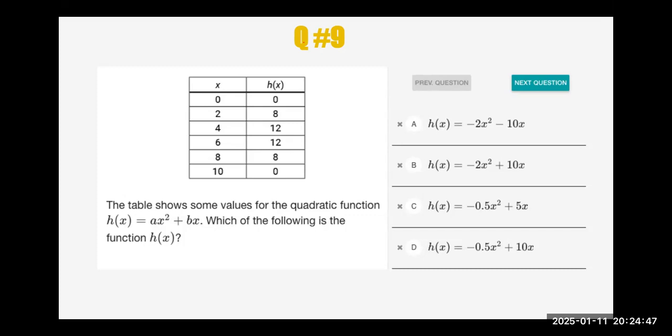A hint for everybody, we can try to use the intercept form, okay? Let's see, question 9. Ethan Wu, Kian, and Sean, and Justin Wang, you are right. Jasmine and Christina, try again.